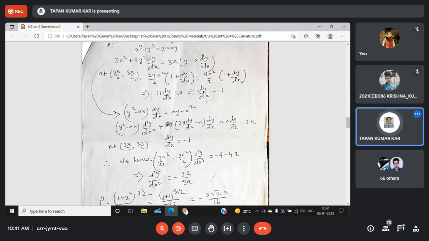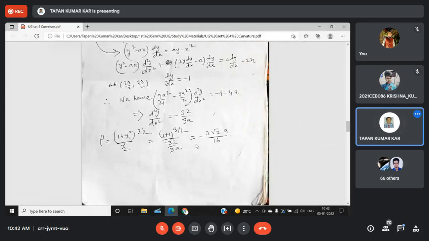First derivative is minus 1 at that point, and the second derivative is d square y by dx square equal to minus 32 by 3a.